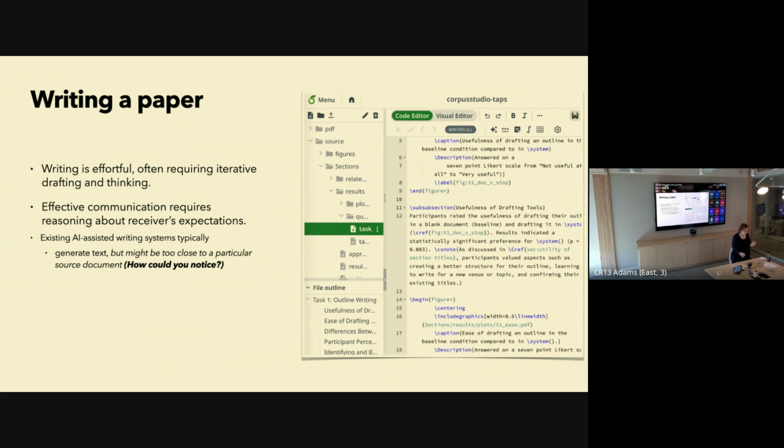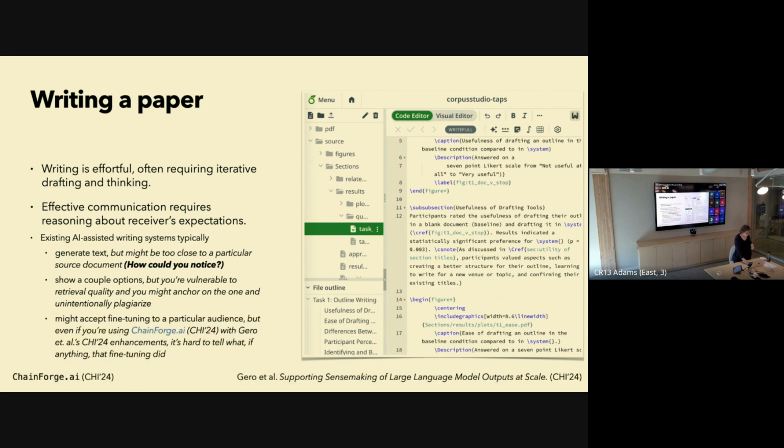And so I do not want to consume text that's generated, even if it gives me a couple of options to choose between, I still might anchor on some of them. And if they're retrieved snippets from other papers, I could set myself up for failure in terms of plagiarizing as well.